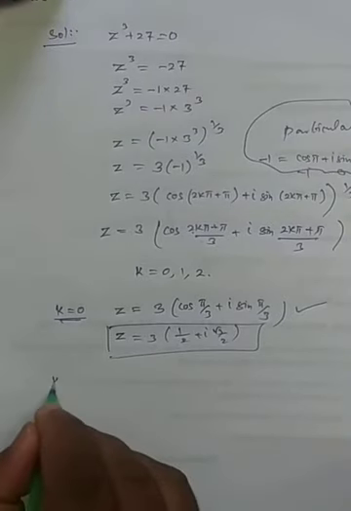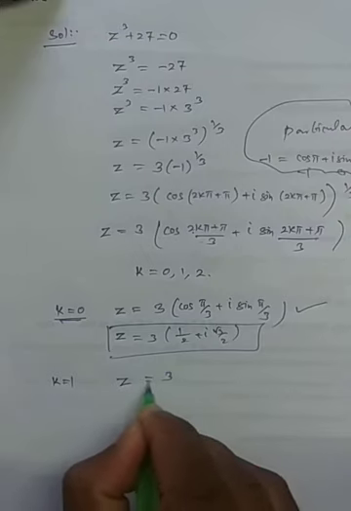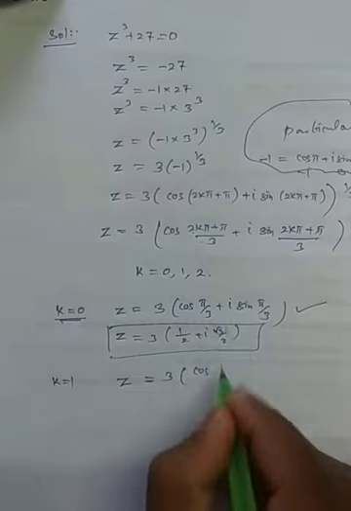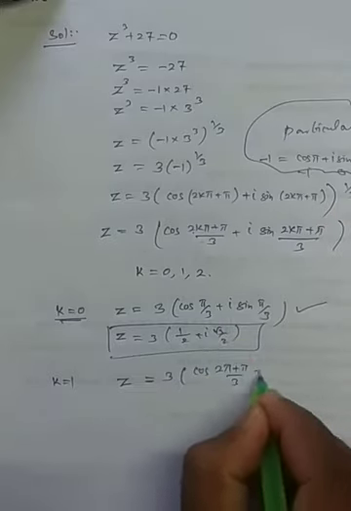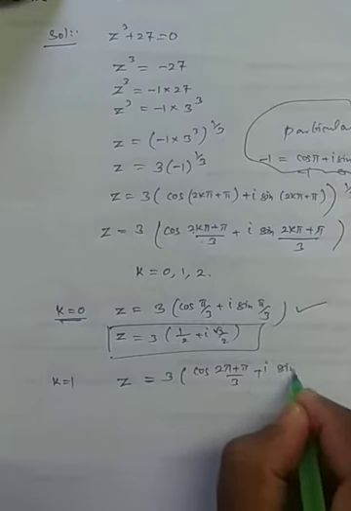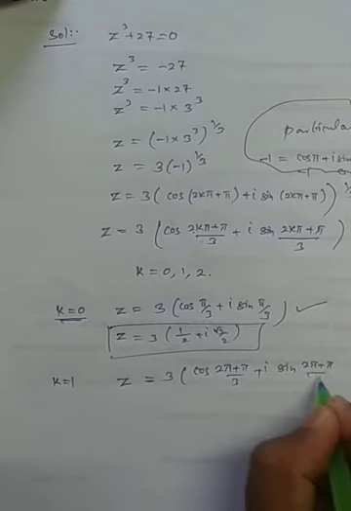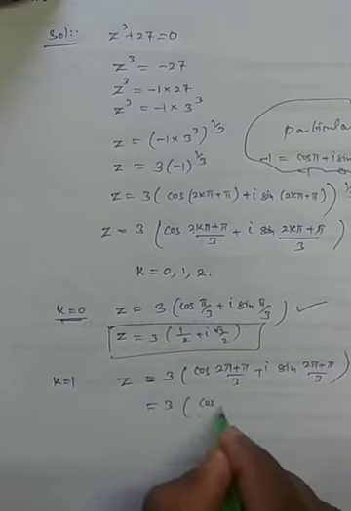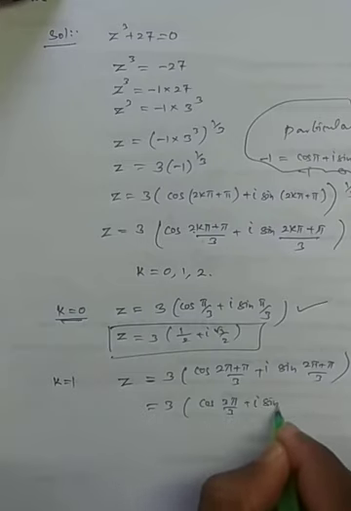Then put k equals 1. Then z equals cos of (2 pi plus pi) by 3 plus i sin of (2 pi plus pi) by 3. That is cos 3 pi by 3 plus i sin 3 pi by 3.